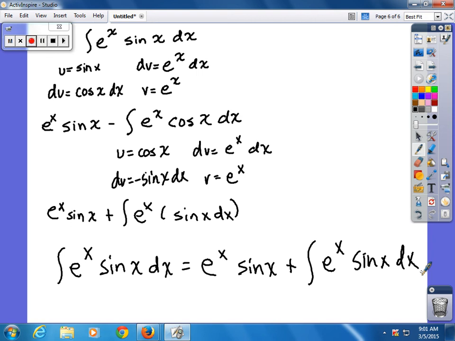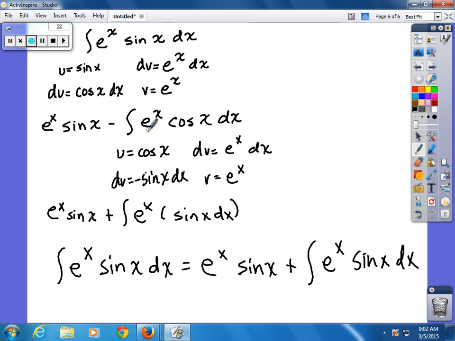E to the x sine of x minus e to the x cosine of x. Sorry, I got mixed up. I should go by my notes. That way I won't mess it up.